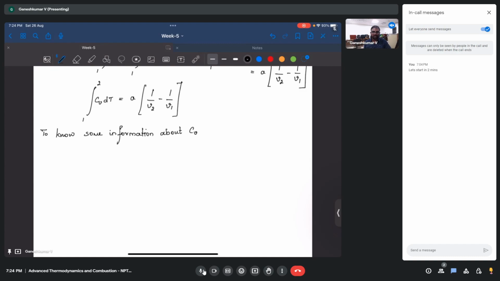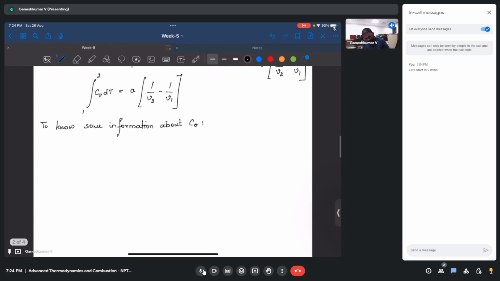If Cv is a function of temperature, we need to substitute some function into that integral, and only then can we integrate it, right? So we need to know about Cv. We need to find whether Cv is a function of V or T.